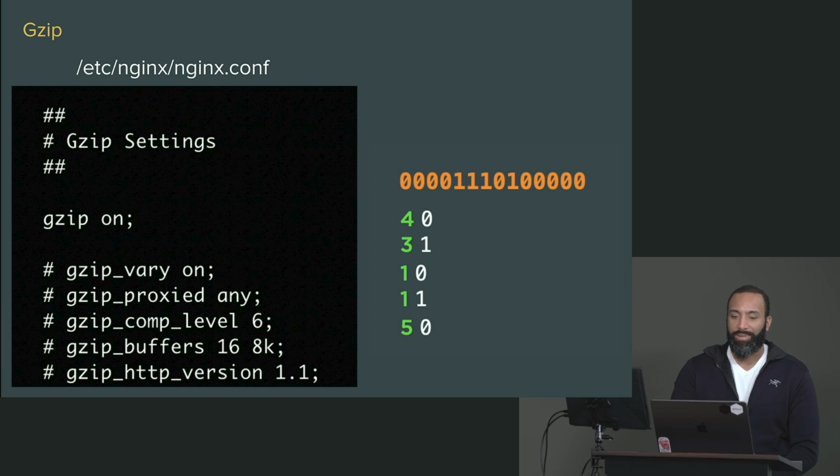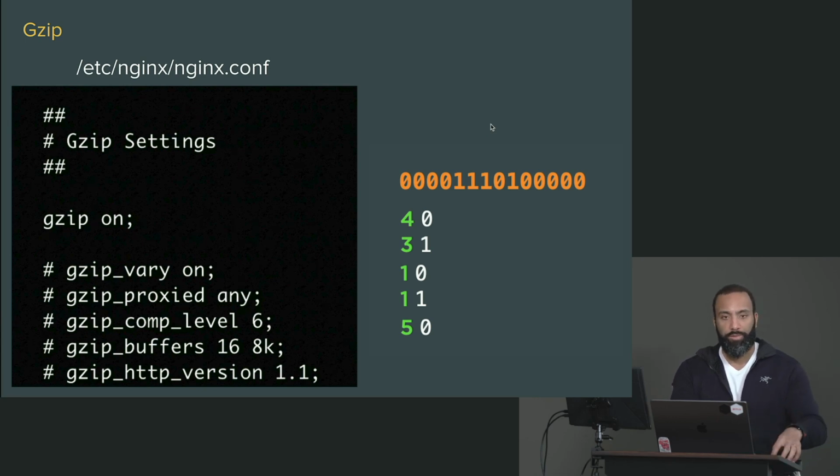But how does compression work? This is the most simplified example I could think of. A compression algorithm is just a way of rewriting a file, essentially, in a much shorter-hand way. A file is always going to break down into ones and zeros at the core. That's what we're doing right now, just moving ones and zeros around. So what if, instead of having this long chain of ones and zeros, we just describe it a little bit differently?